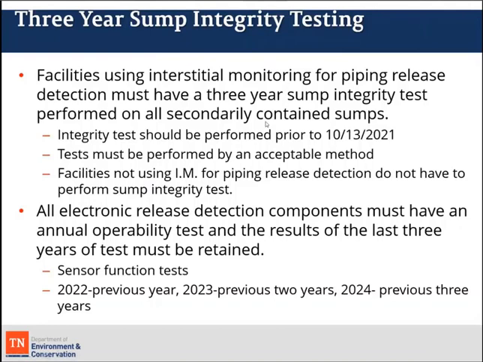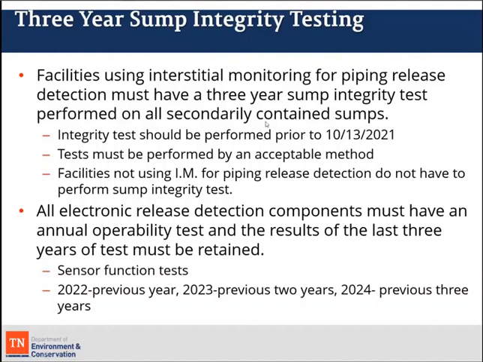So if you're not using interstitial monitoring for piping release detection, then you don't have to perform a 3-year sump integrity test. But if you are using interstitial monitoring for piping release detection, either voluntarily or because your system was installed after July 24th, 2007, then you will have to perform this sump integrity testing for all of your sumps: STP sumps, any dispensers, any transition sumps.